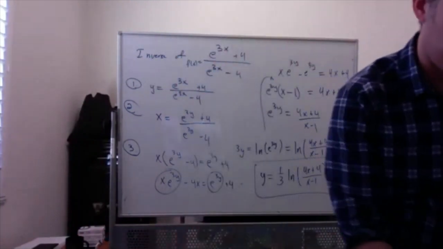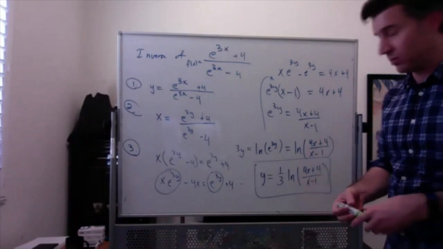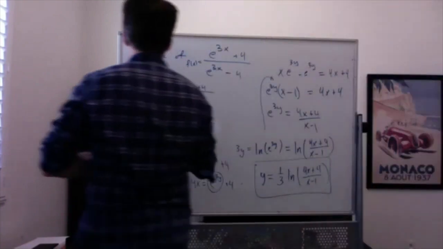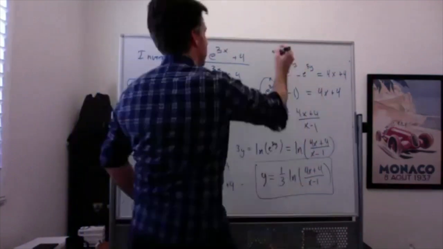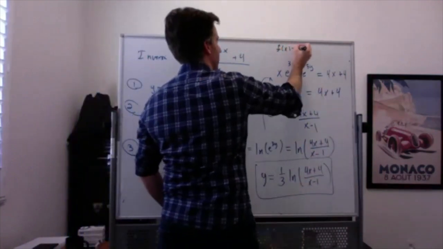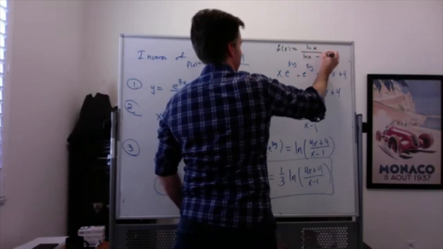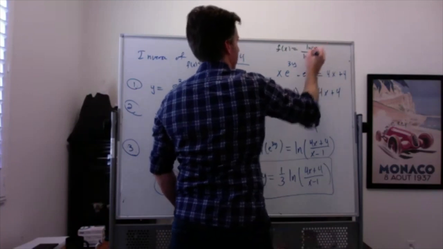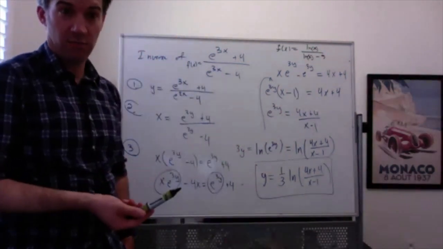What I will mention is there was another question that went along with this one, to find the inverse of something like f of x equal to the natural log of x over the natural log of x minus 5 or something like that. The process for that is very much the same, right?